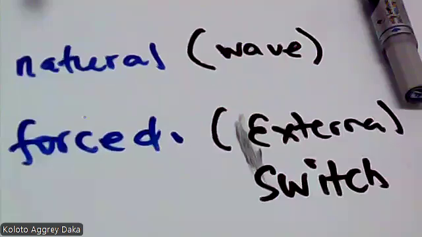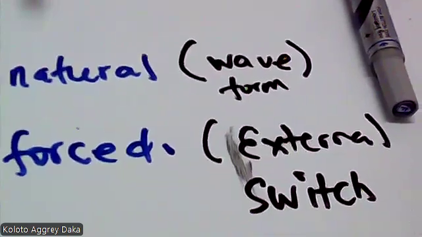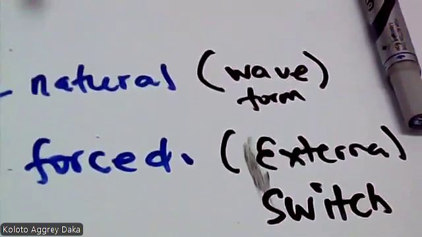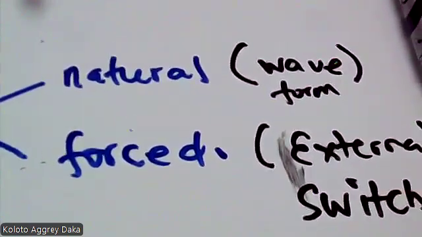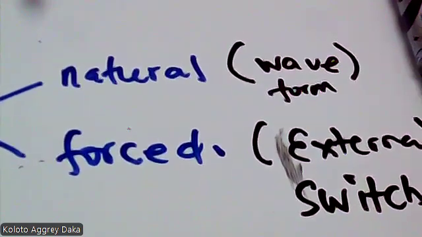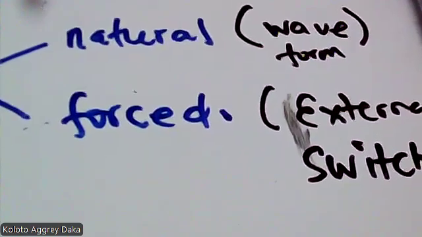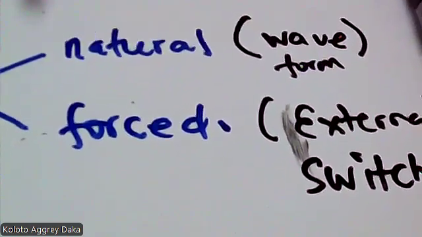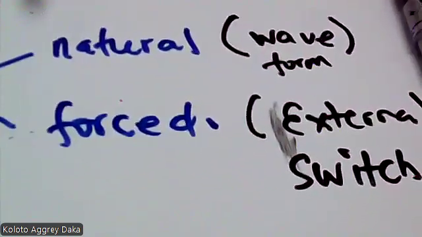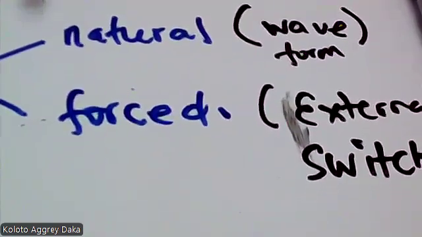So natural commutation is waveform, forced commutation is external switch. In the answer that I'm going to send you, I have put a table with three other things that you'll be able to read from it. But the concept is that natural commutation is waveform, forced commutation is external switch. Is that okay? Yes. Understood, sir.